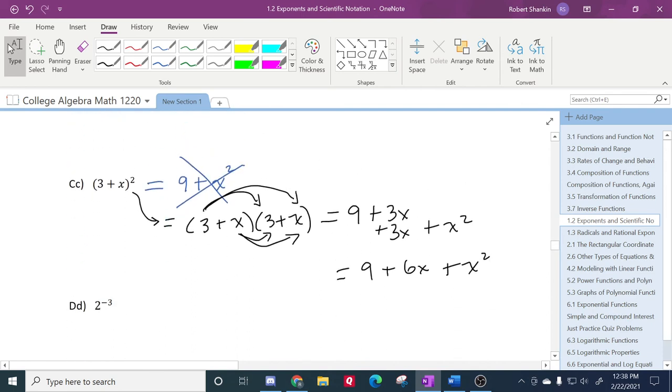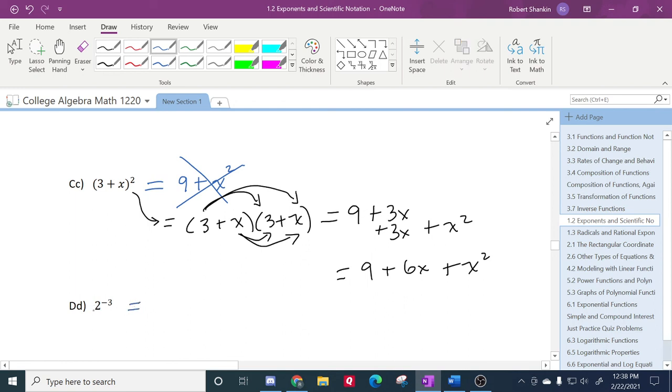2 to the negative 3 power. Twenty seconds more. Alright, negative exponent.